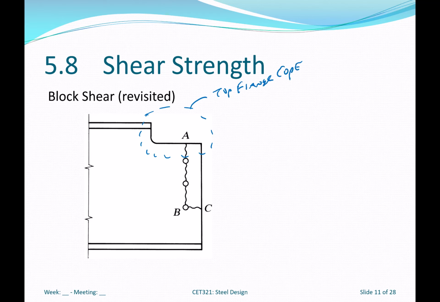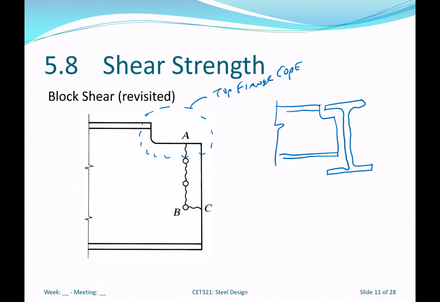So you kind of cut off the top flange so this thing can be connected to another wide flange beam when you want the top of each to be at the same elevation. In that case, you can imagine we're going to have a connection here that's going to produce block shear, right? Again, shear on this and tension over here.